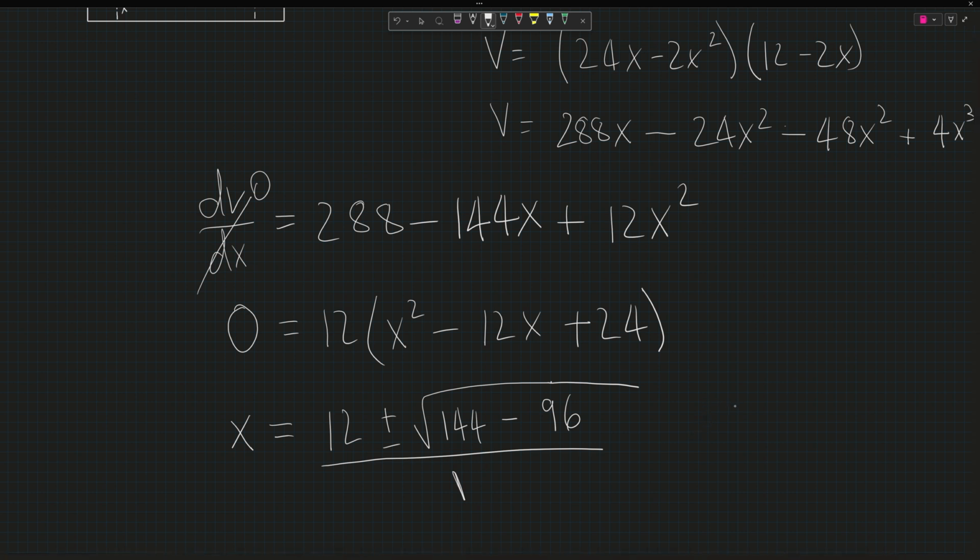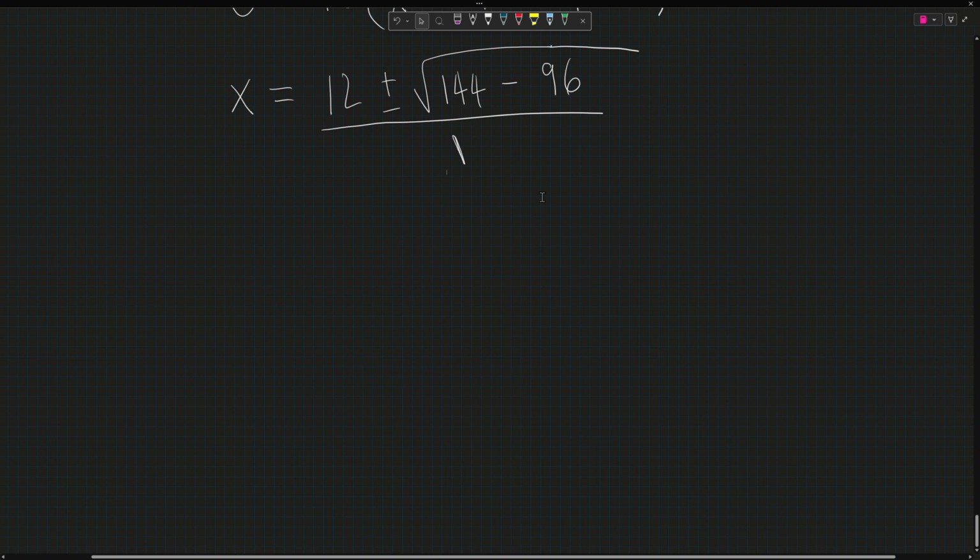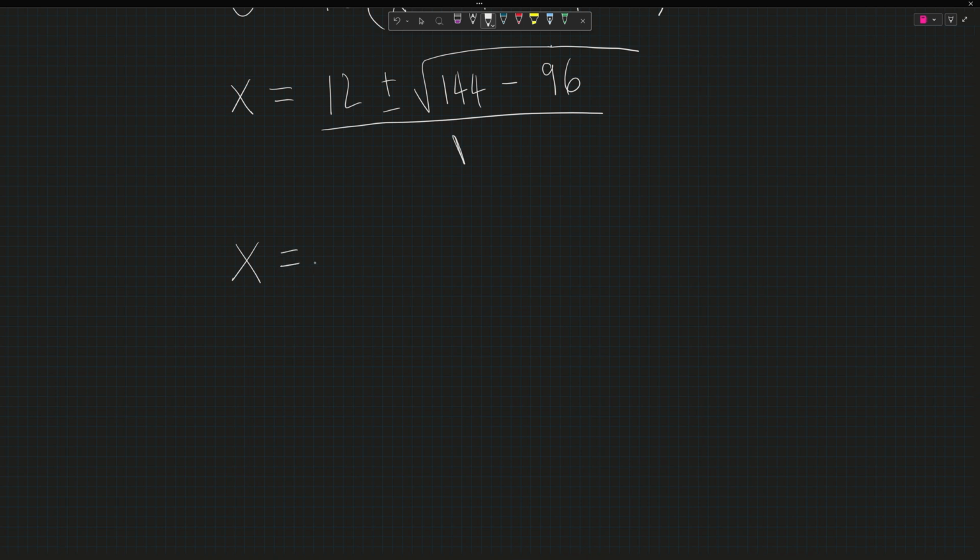So what we're going to have here is 144 minus 96. So that's going to be 48. x equals 12 plus or minus the square root of 48.